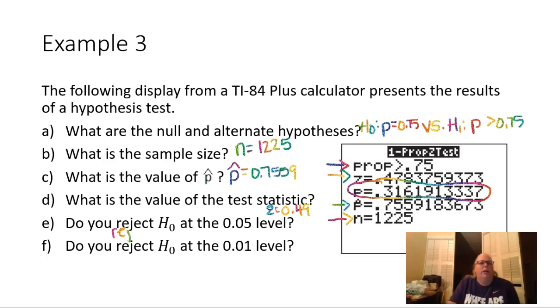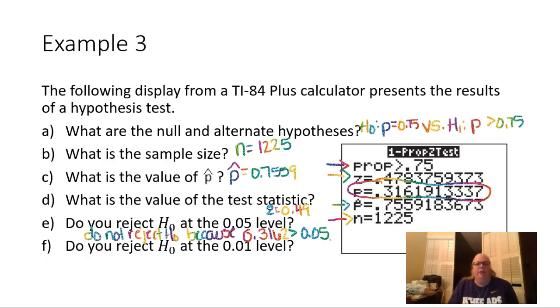The reason we're not going to reject our null hypothesis is because our p-value is greater than our alpha value here. So we do not reject the null hypothesis because 0.3162 is greater than 0.05.